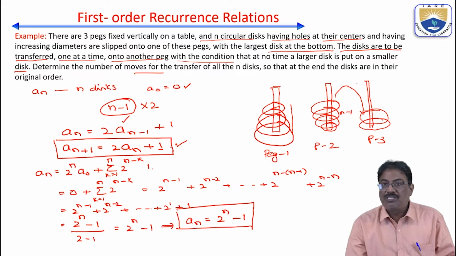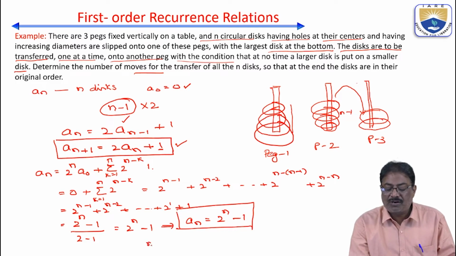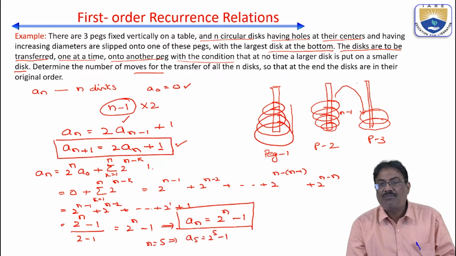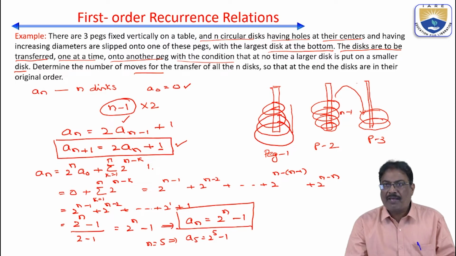So for this non-homogeneous recurrence relation, suppose I take n is equal to 5, how many moves? Here a 5 is equal to 2 to the power of 5 minus 1. Whatever value we get, that many moves are required to transfer from one peg to another peg, arranged in the same order as specified in the given problem.